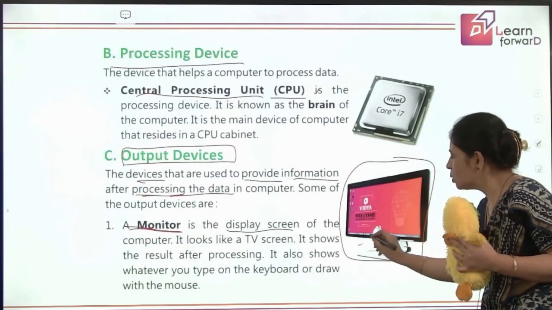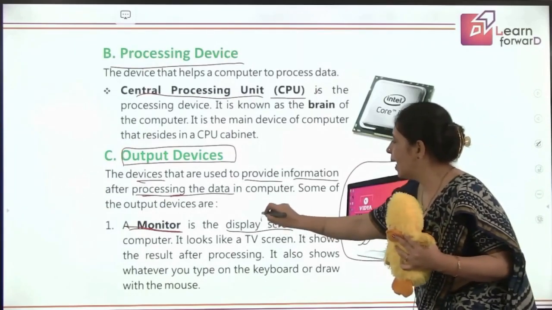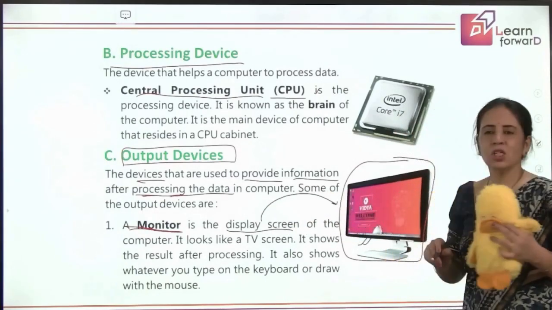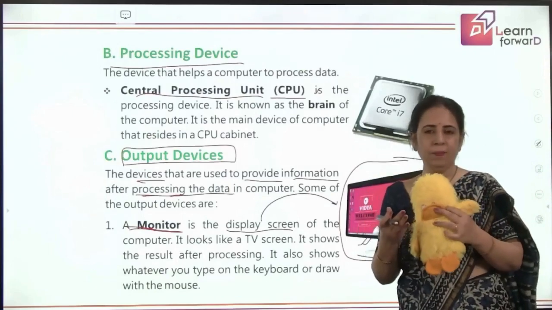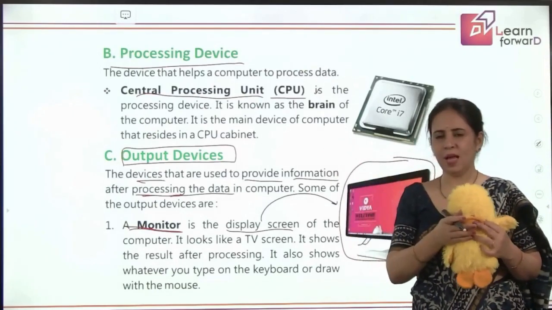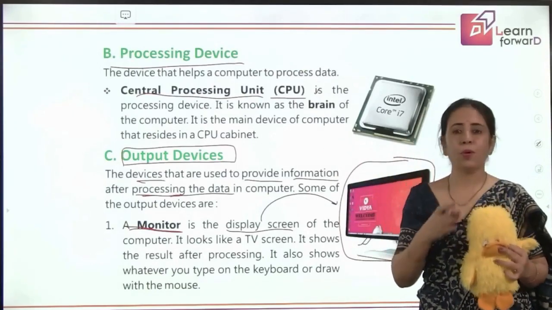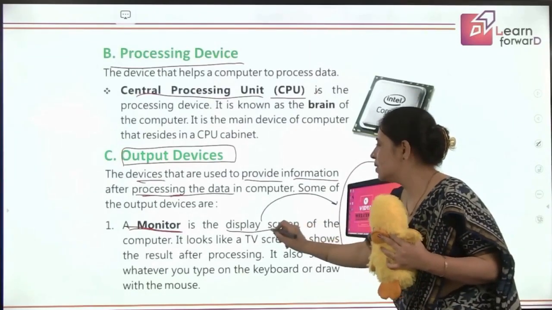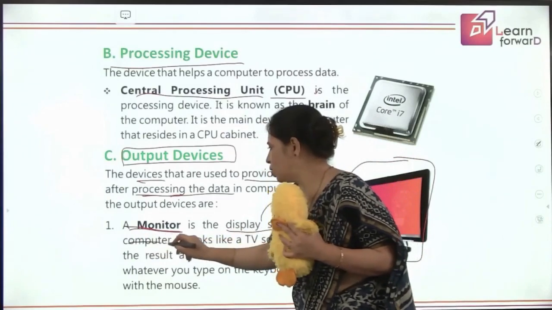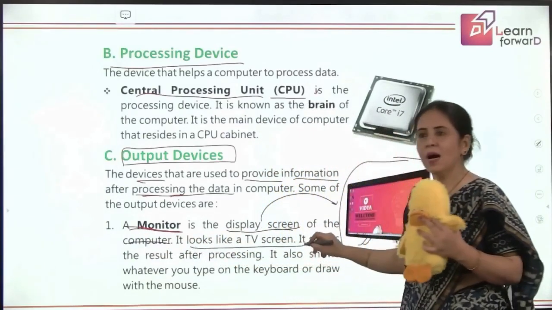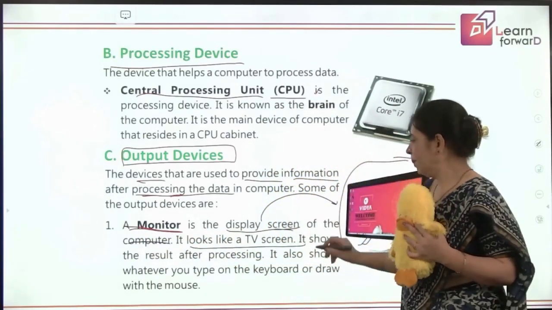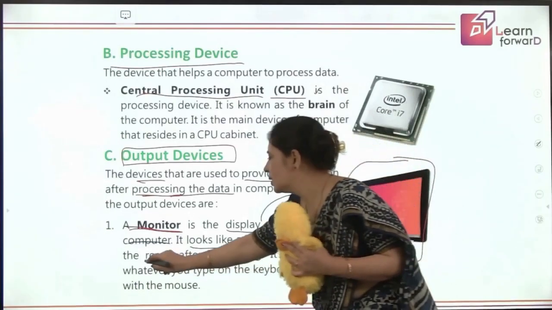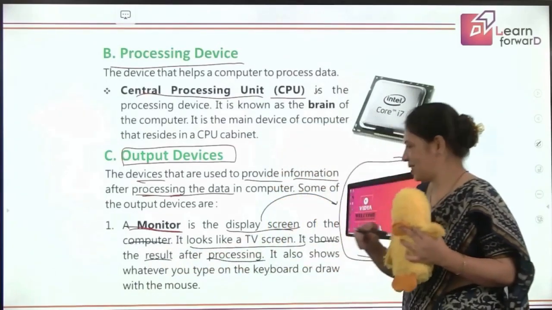So on this monitor, your data comes here initially when the processing is done. And it could go to other units as well, as per your requirement. Okay. So monitor is a display screen of your computer which looks like a TV screen, and it shows the result after doing processing on it.